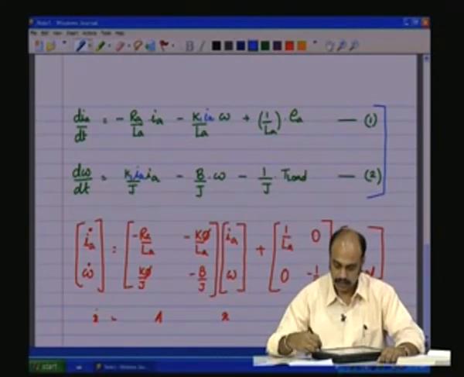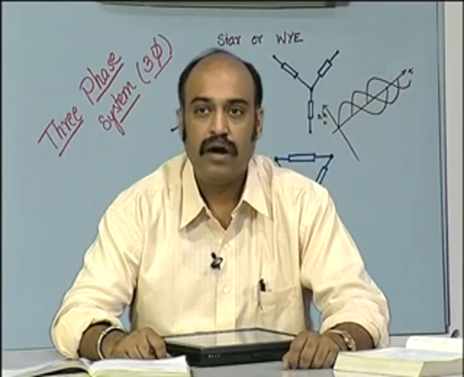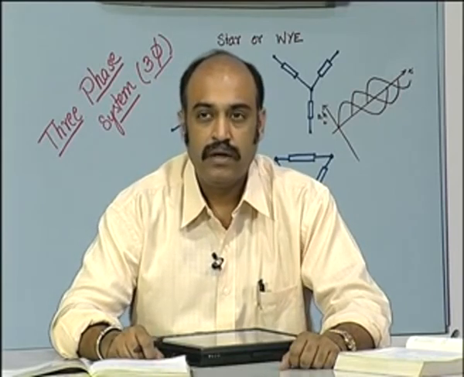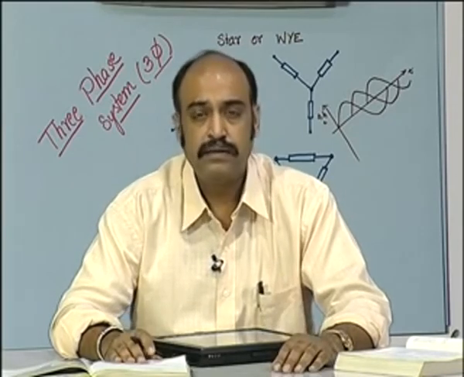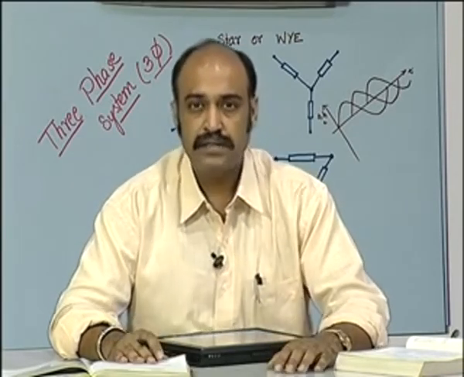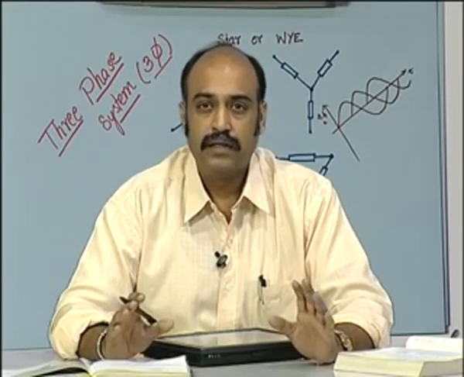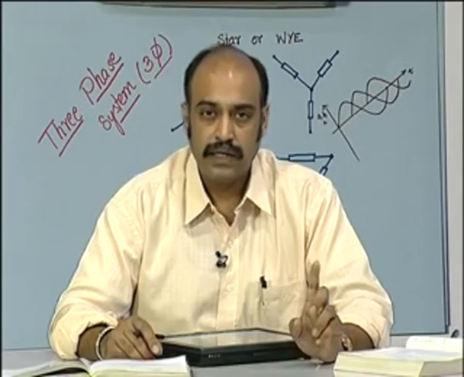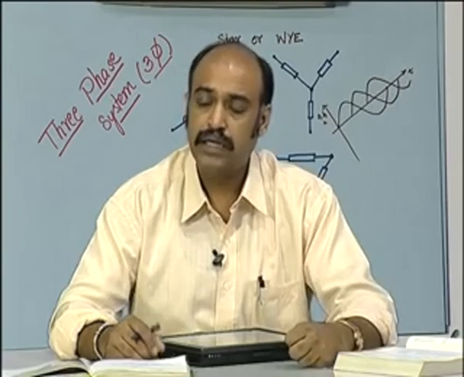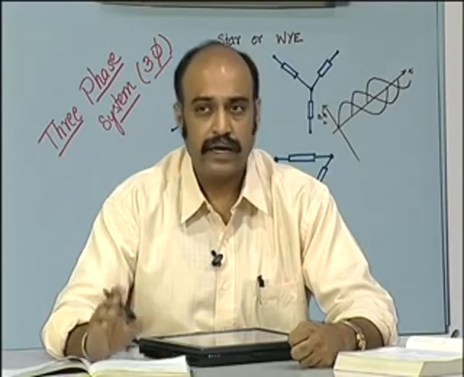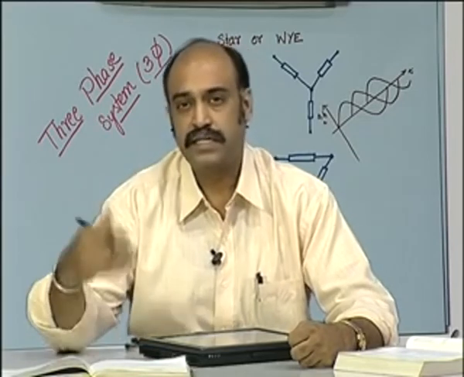Okay. So, with that we conclude our discussion on DC motors. The DC generators and DC motors are a class by themselves. They are similar machines, similar in structure, the only difference being that in the case of the DC generator, the energy is input in the mechanical domain and you take out the energy in the electrical domain, and therefore, from the electrical point of view, it is a generator.